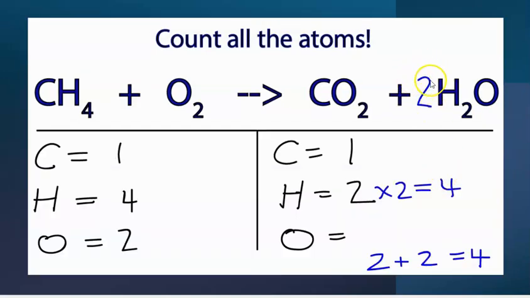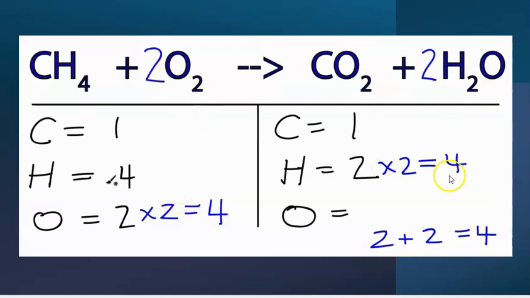So, if I put the 2 in front of the water, I will have 4 hydrogen and 4 oxygen. What is the difference now? That I have only 2 oxygen here. But if I put the 2 in front of oxygen, everything will be solved and the equation is balanced.